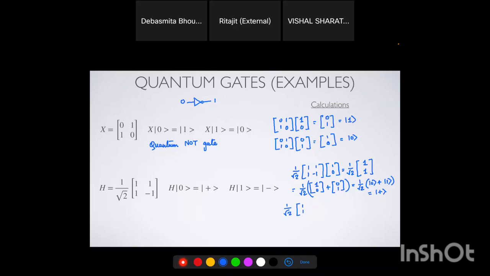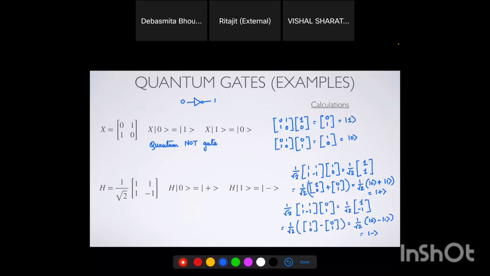Similarly, if you do this calculation on the state 1, what you will get is 1 minus 1, which implies 1 over square root 2, 1 0 minus 0 1, which is 1 over square root 2, 0 minus 1, and this state is called minus.